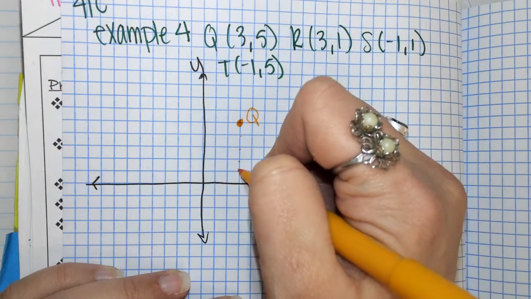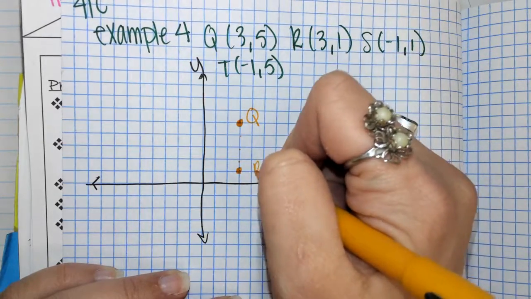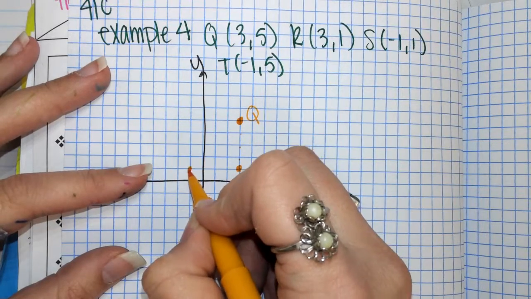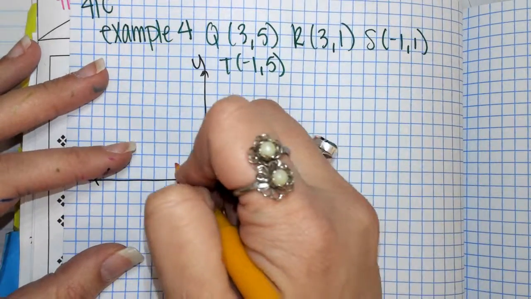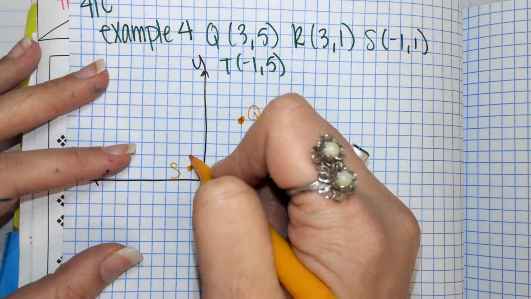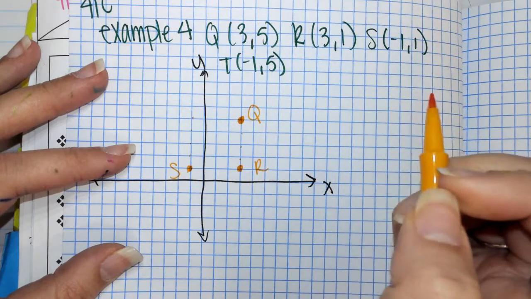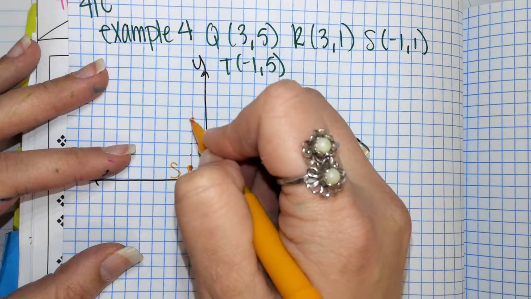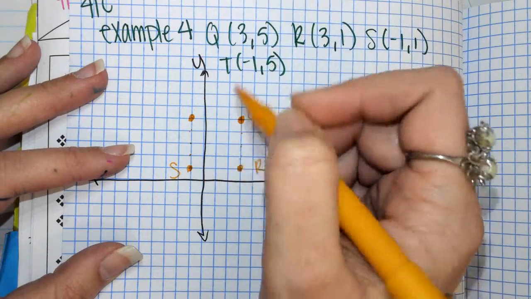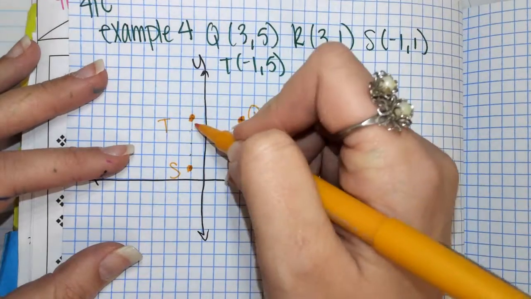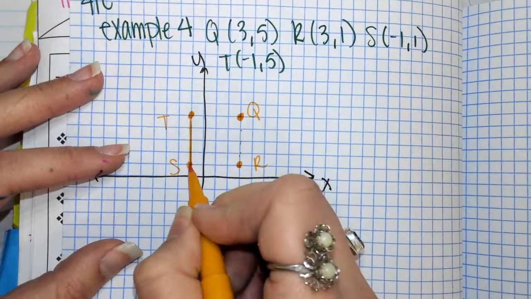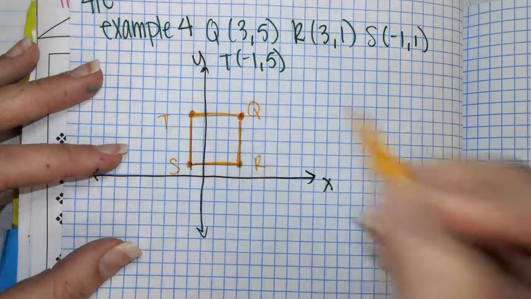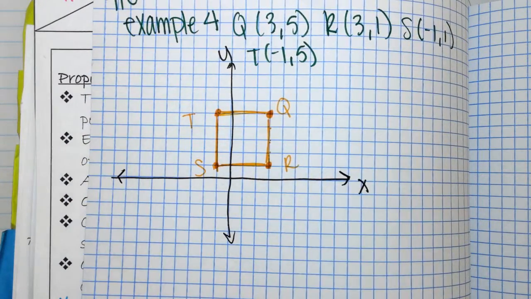R is right 3, up 1. One, 2, 3, 4, 5. Okay. Are we ready?